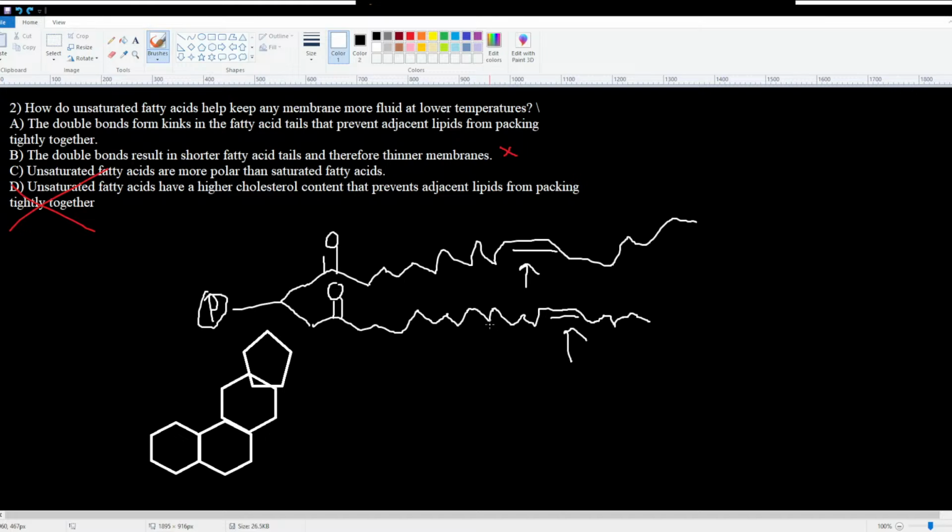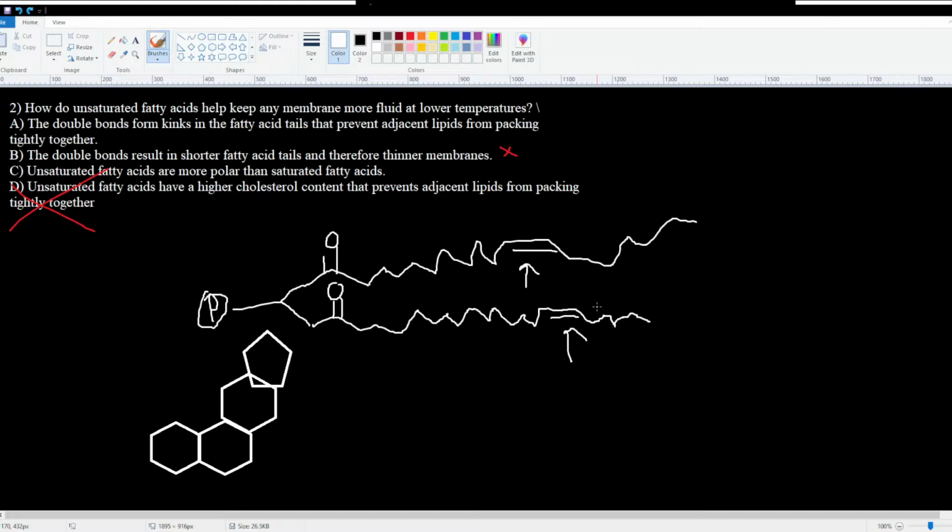So what does this mean? Well, butter still melts at relatively low temperatures, right? If you stick butter in a pan, it'll melt easily, right? But that's because it's lacking double bonds, it's able to pack tightly together. It's able to hold itself at higher temperatures, right?